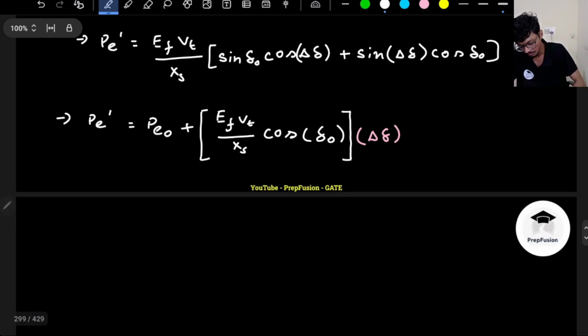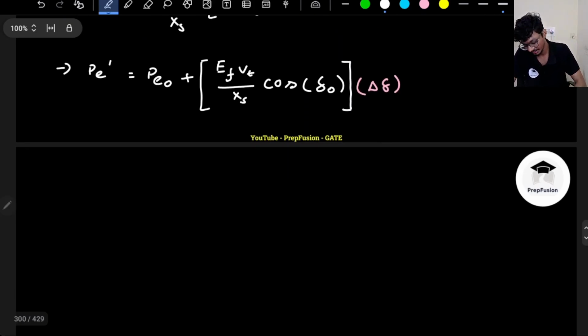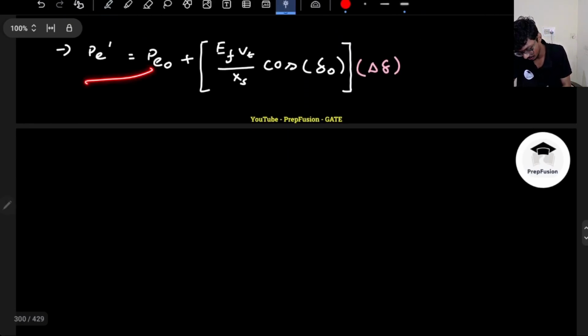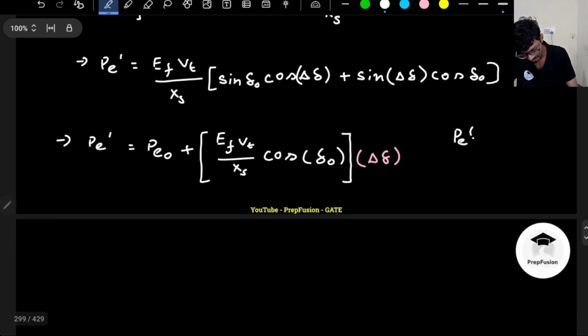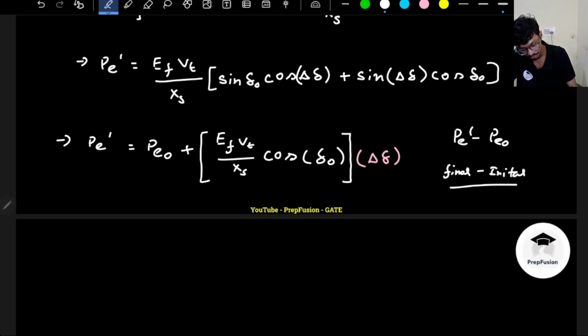Okay, so what I can say is, if I bring this on the left hand side, this is what is my PE dash minus PE naught. It is final minus initial, correct? So final minus initial will be just what? Delta P, change in power, change in requirement of power.